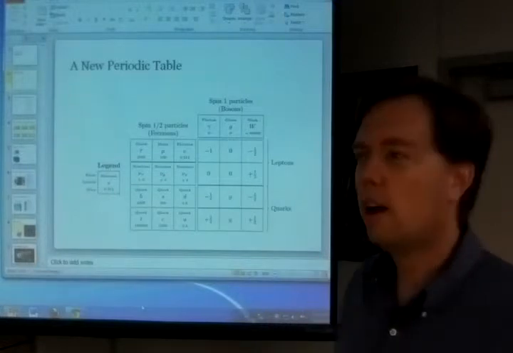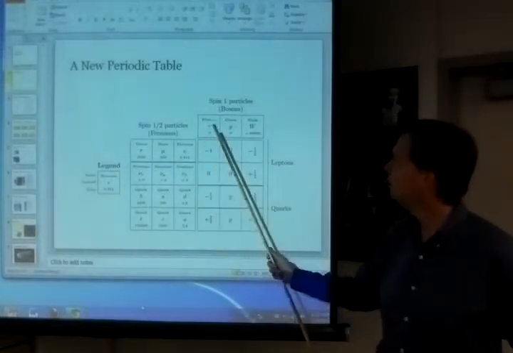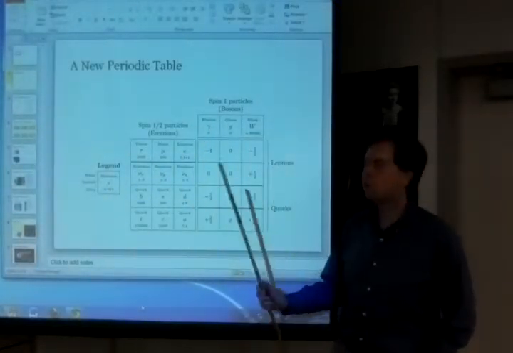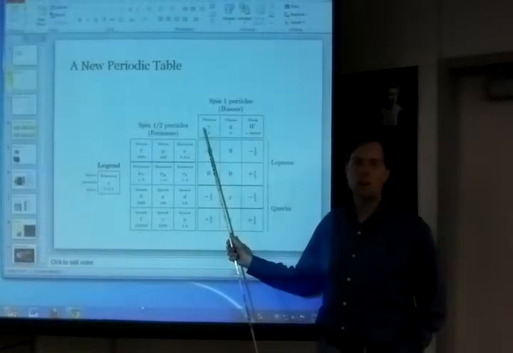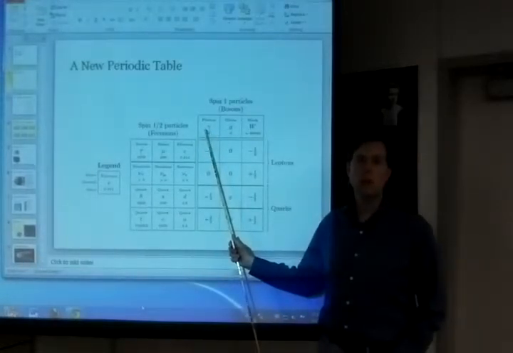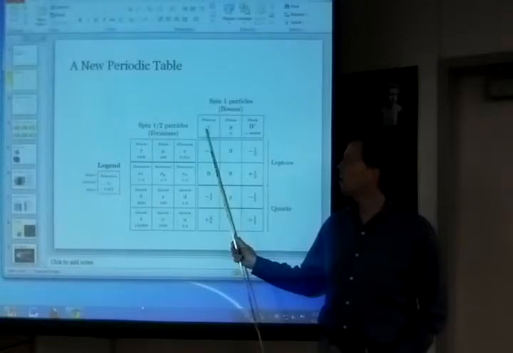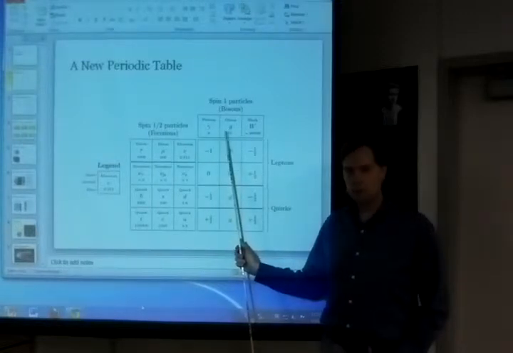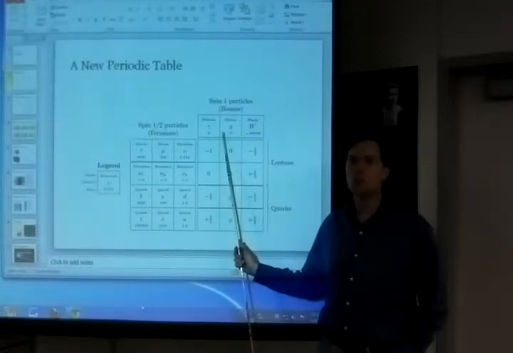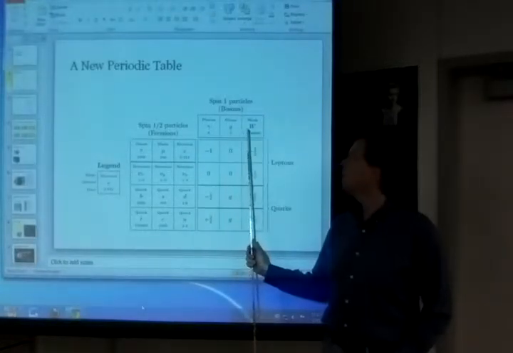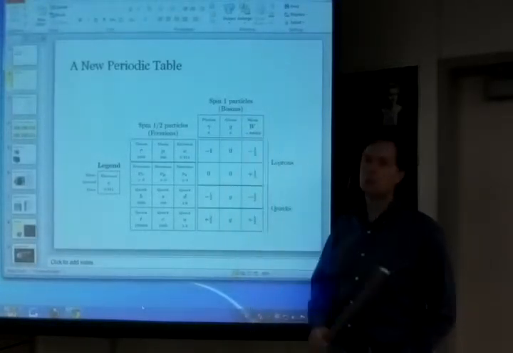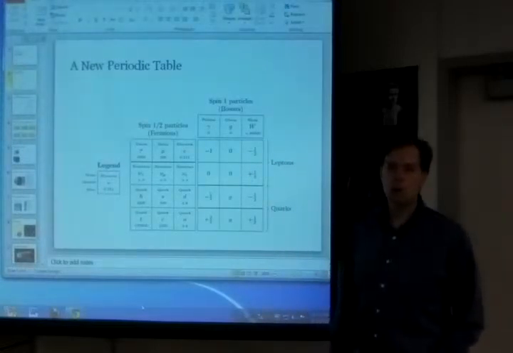And that is why on this chart we've got three types of bosons. A photon, which is a particle of light, mediates the electromagnetic interaction. The gluon, which mediates the strong nuclear force, exchanging color between the particles. Now we are going to introduce something called the weak boson.